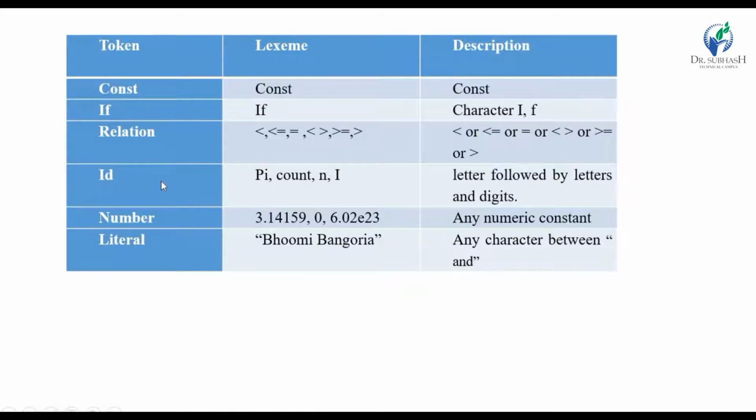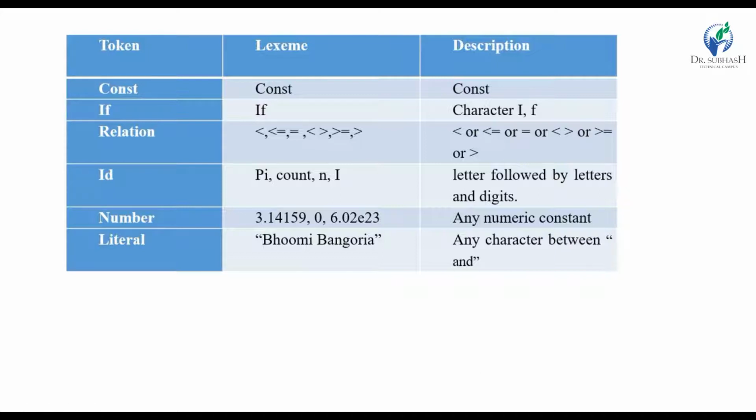If any identifiers are used, identifiers like variables, pi, count, and i, a variable name starts with a letter followed by letters or digits.